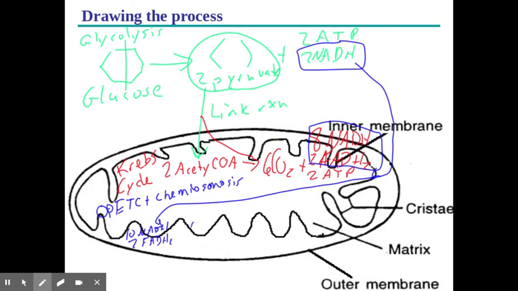Okay, so we have some proteins that make up the ETC here. Those two are going to drop their electrons off. Their electrons are going to move through this process. They're eventually going to end up at oxygen, which is going to make water.